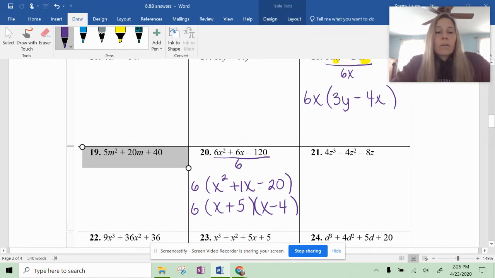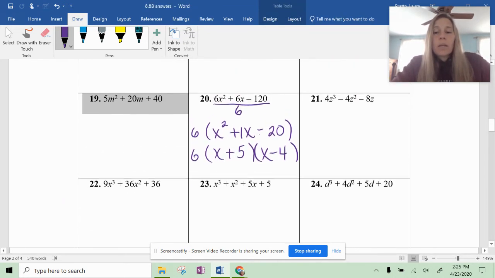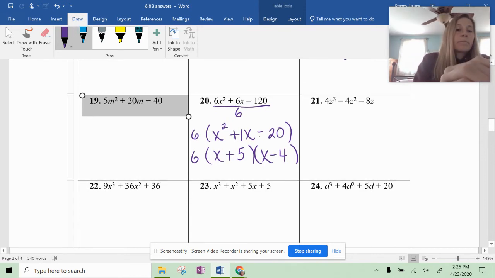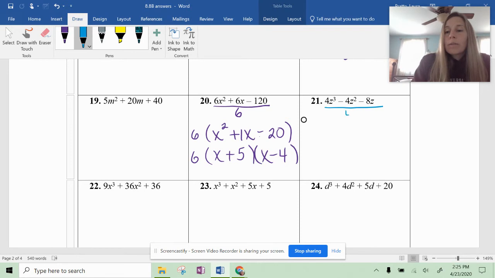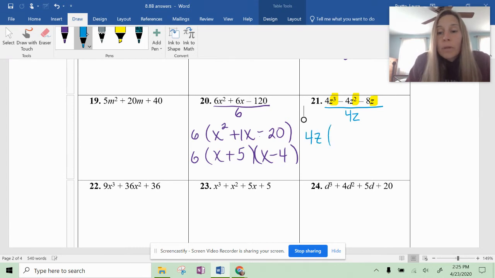All right, so let's take a look at number 21. So number 21, we have 3 terms here. They're all divisible by 4, but you'll probably notice that they all also have some form of a z. Again, as long as they all have the variable, you can divide it out, whichever one's the smallest. So the single z is what's going to come out there. So all 3 terms get divided by 4z. So 4z cubed divided by 4z is going to leave me with z squared.